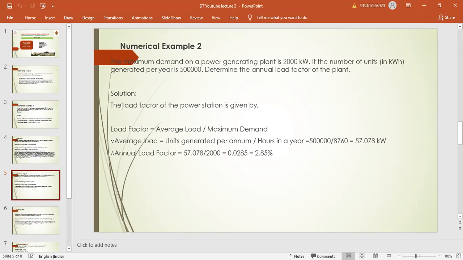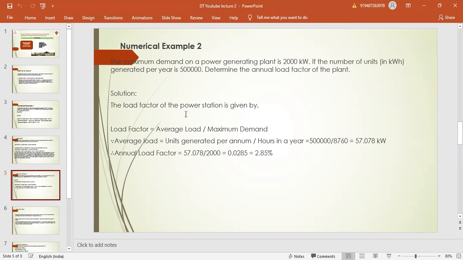So in the solution, we'll see what is given to us. We know load factor of the power station is given by load factor equals average load divided by maximum demand. Since average load equals units generated per annum divided by hours in a year.